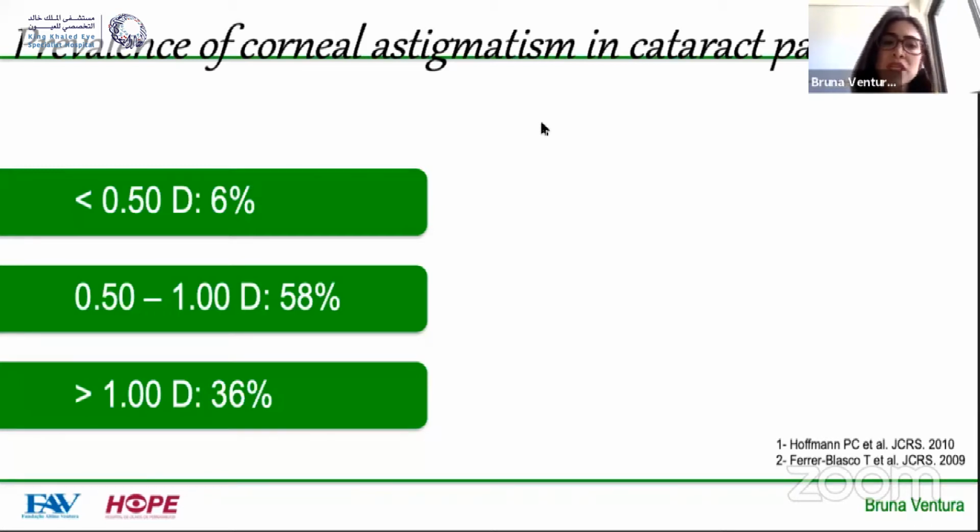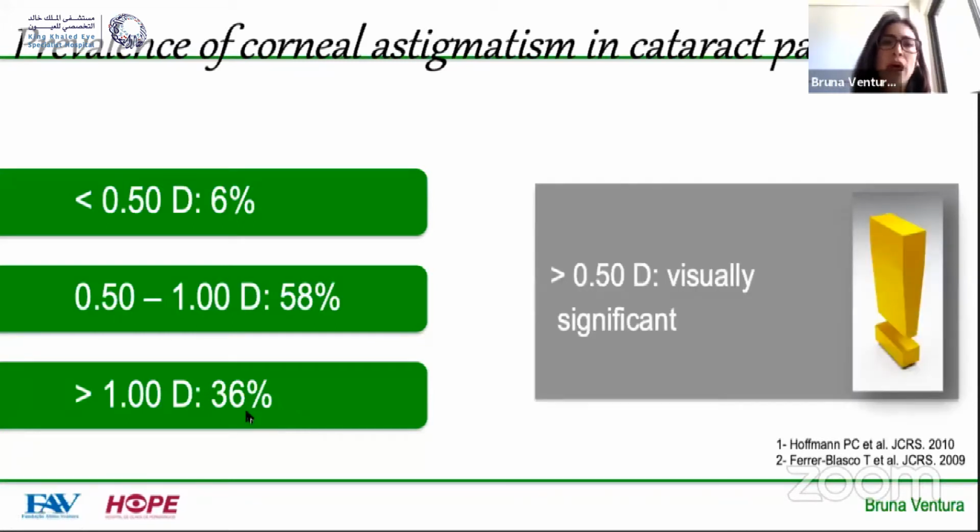But we see that 60% of patients have from half diopter to 1 diopter of corneal astigmatism, and almost 40% have over 1 diopter of corneal astigmatism. So when we're speaking on toric IOLs, corneal relaxing incision, managing astigmatism in cataract surgery itself, we're speaking about a huge population of our cataract patients. So it's very important for us to have that in mind.